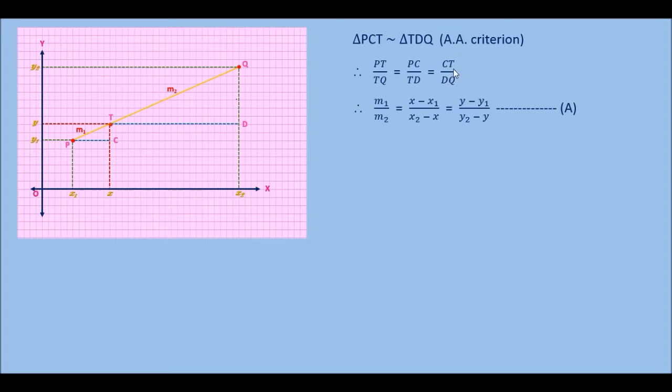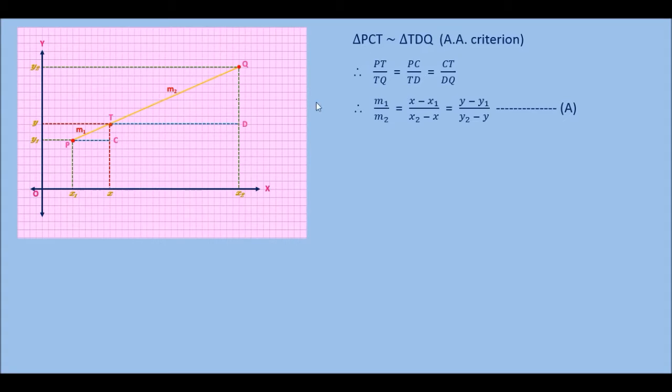Coming to the third ratio, CT, this one. Now they are lying on the same vertical line. So the abscissa value will be the same, but the ordinate values will be different. Again, I am taking the second minus the first, so it is y minus y1, because y is the ordinate value of this point T and y1 is the ordinate value of this point C.